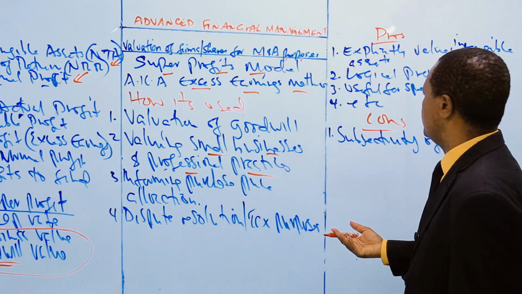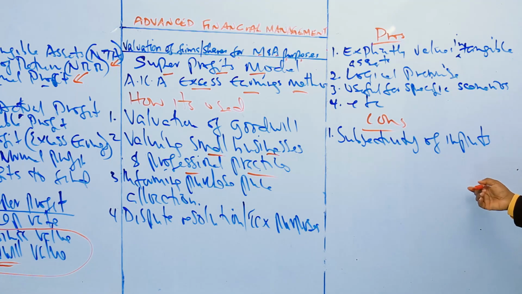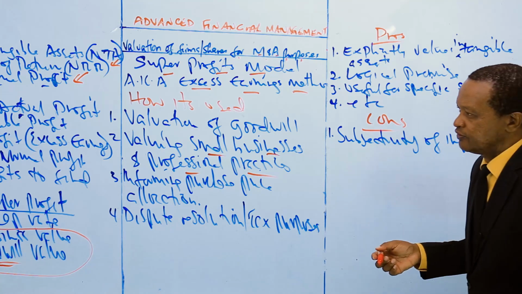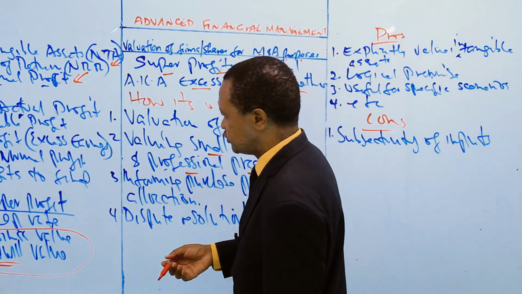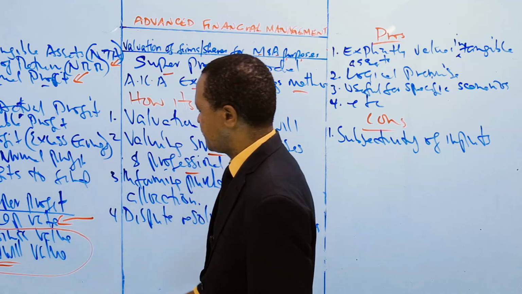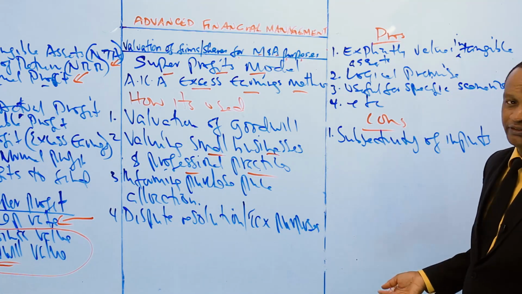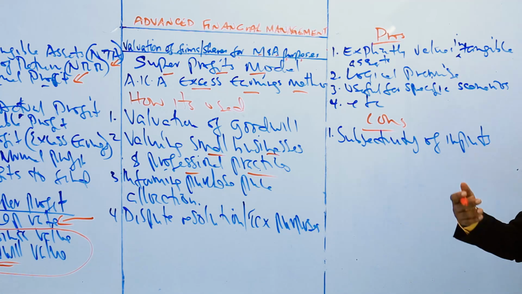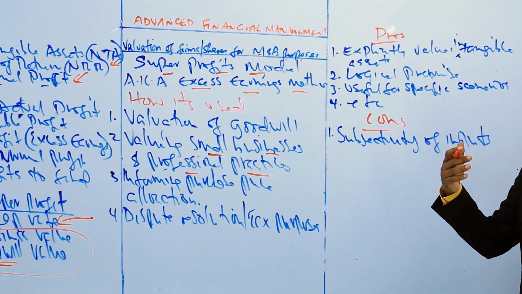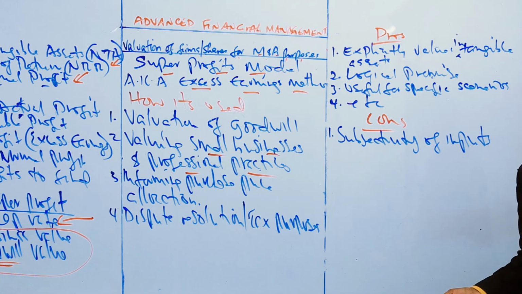There is some level of subjectivity in those inputs. The normal rate of return: determining a truly normal rate of return for a specific industry and risk profile is highly subjective and can significantly impact the valuation. We have another input, the capitalization rate. The choice of the capitalization rate for super profit is also subjective and can vary widely among valuers.